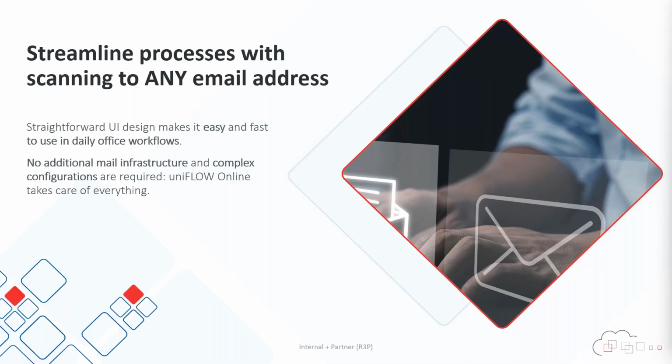So I believe it's a nice, straightforward UI design, which enables fast and easy office workflows without the need of an additional email infrastructure, if that's what the customer wants. And basically, uniFLOW Online manages it all.